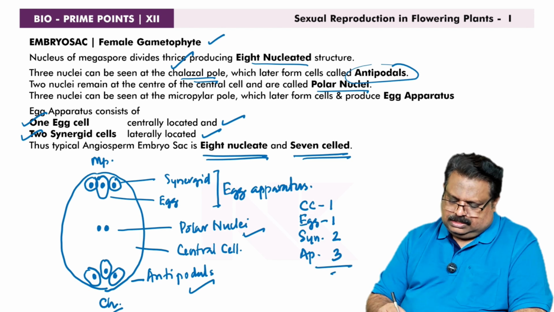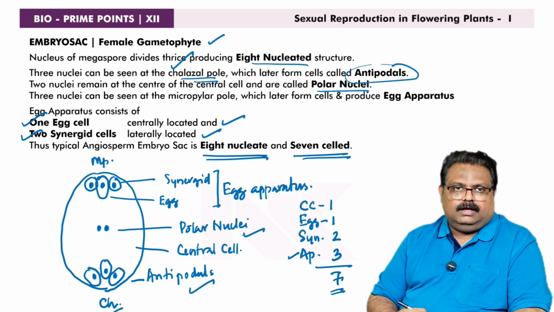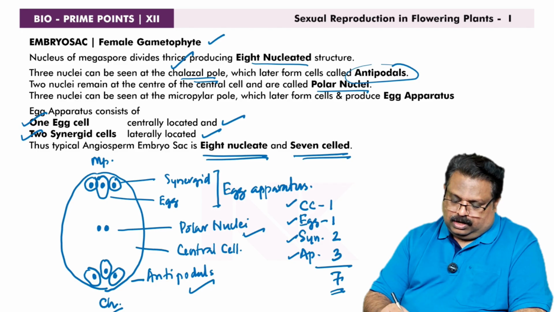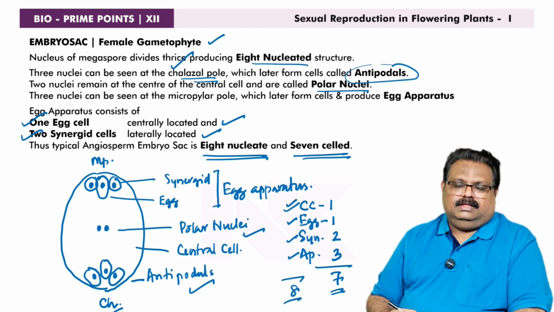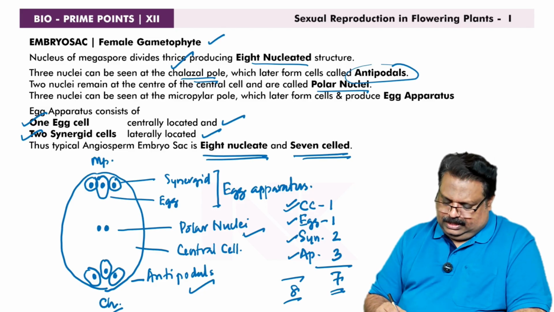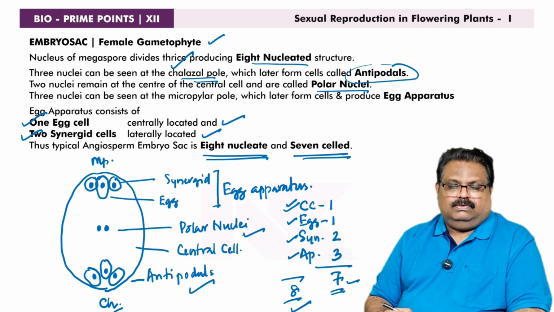So that totals 7 cells. But here antipodals have 3 nuclei, synergids have 2 nuclei, the egg cell has 1 nucleus, but the central cell has 2 polar nuclei. So the total number of nuclei will be 8. That is why the embryo sac is considered to be 7-celled and 8 nucleated.